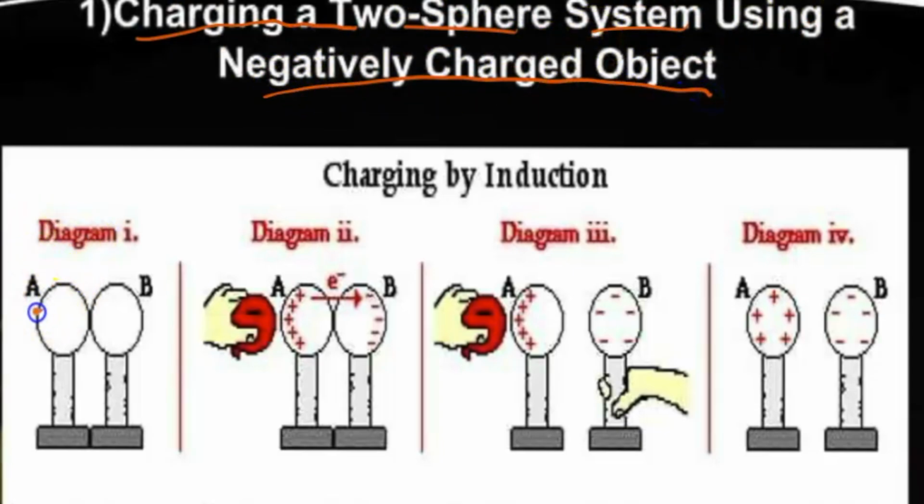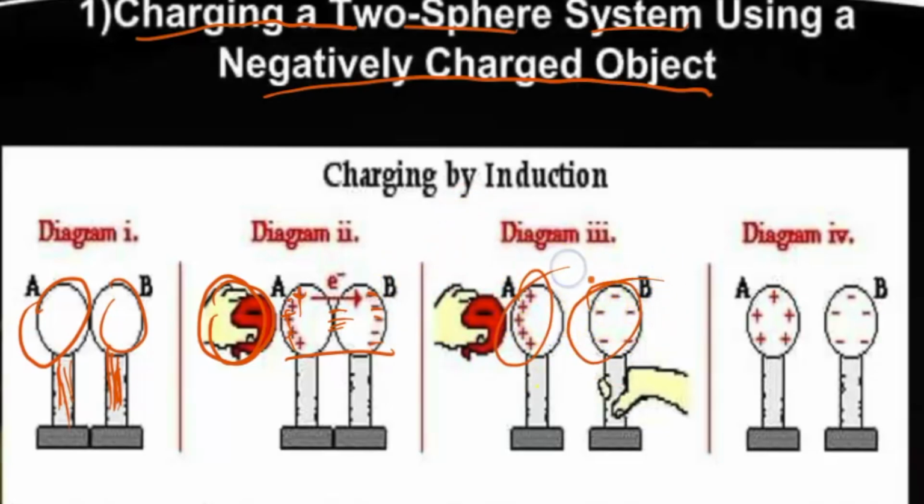We have two spheres, A and B, on an insulated rod, touching each other. A negatively charged object is brought close to one sphere. One side becomes positively charged and the other side negatively charged. Now, if you separate the spheres, one will be negative and the other positive.